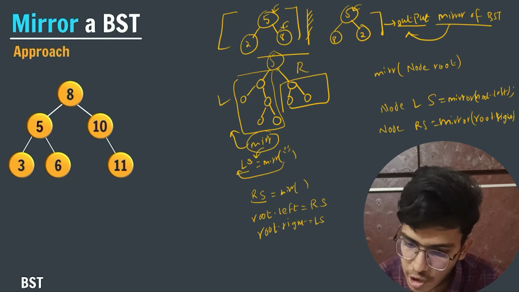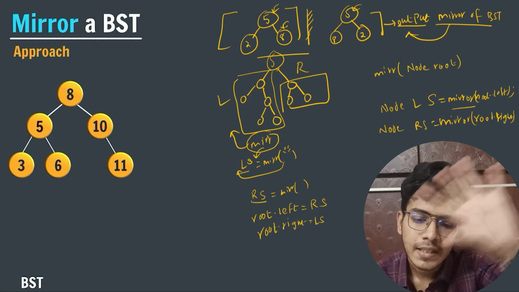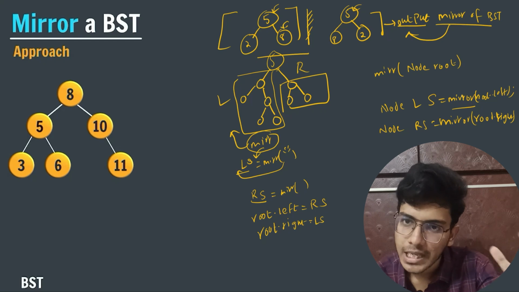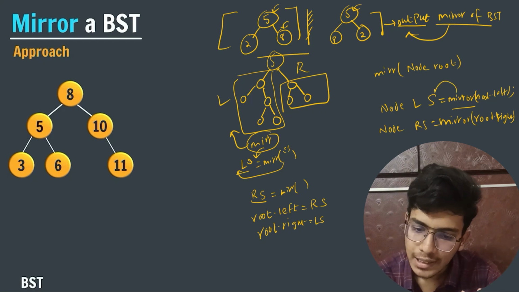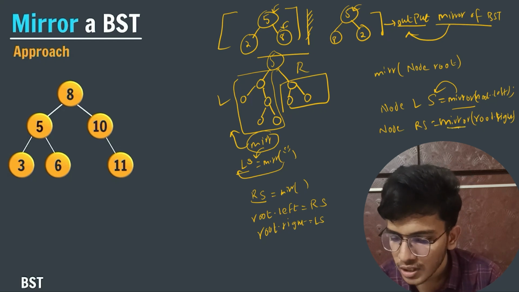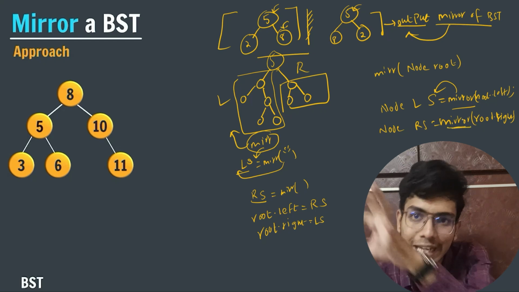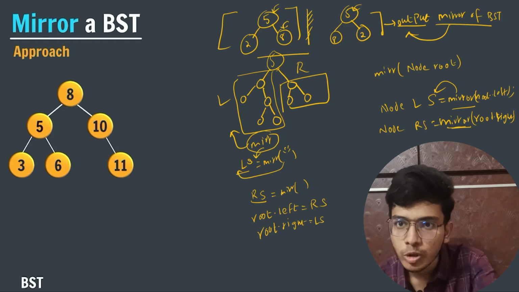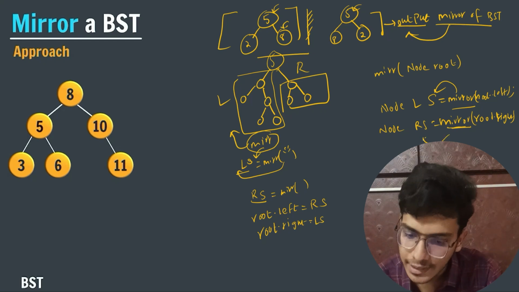So this function will return the whole left part of my given BST, and I am storing it in a variable ls, that is nothing but the left part. And this function will return the whole right part of my BST, and I am storing that in a variable called rs.